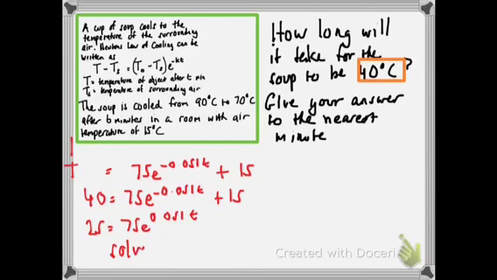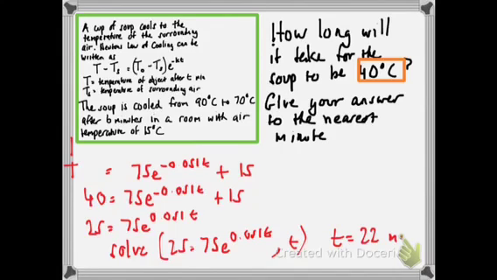So we can solve 25 equals 75e to the power of negative 0.051t, for t. And our answer there for this one will be 22 minutes. Okay, answer to the nearest minute.